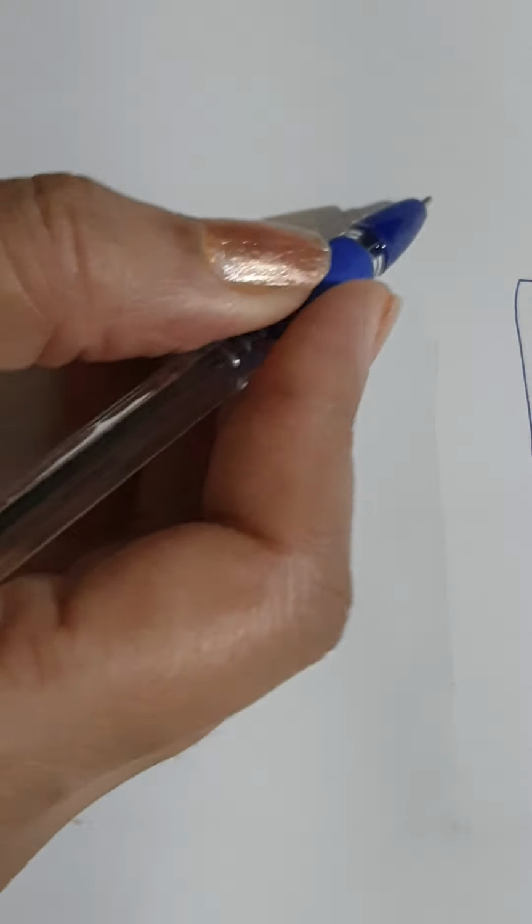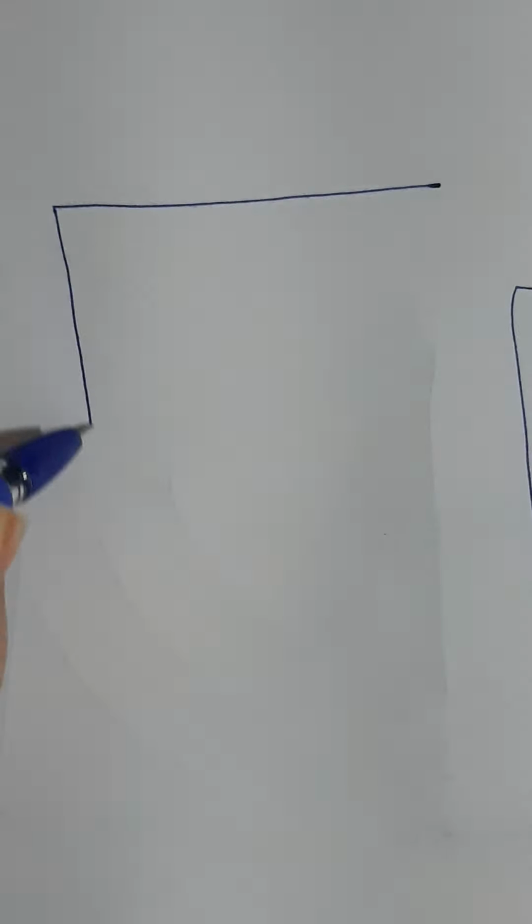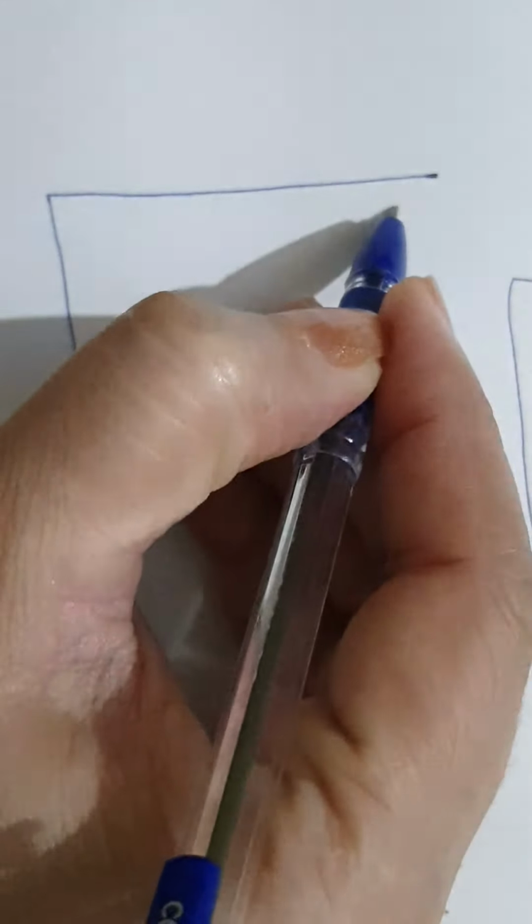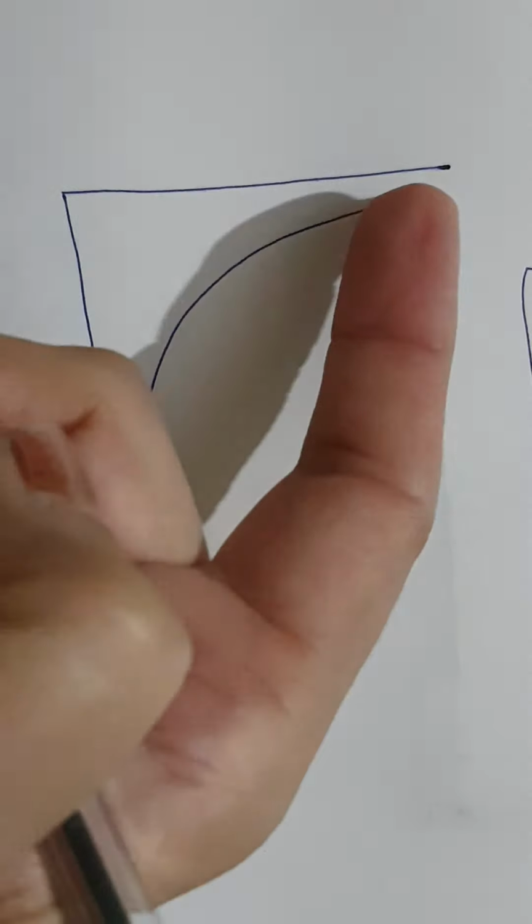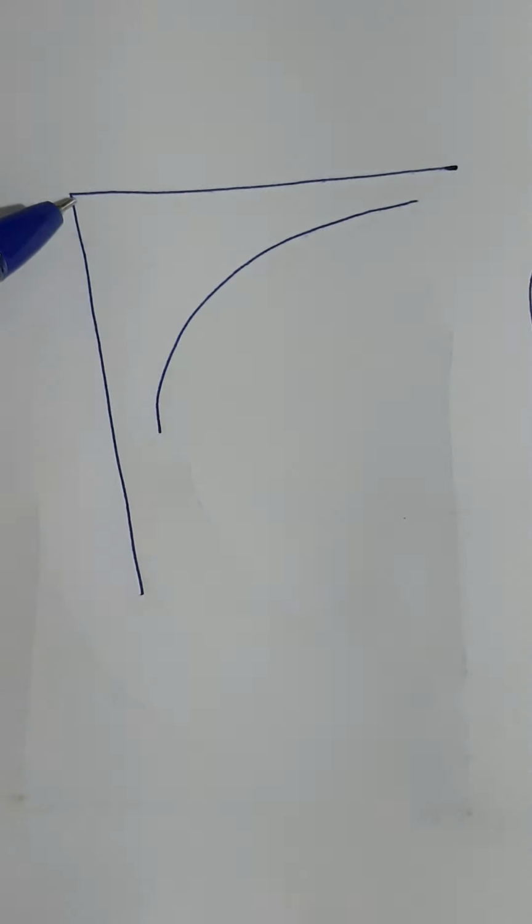So when we say it is convex to origin, actually we are indirectly saying that the marginal rate of substitution is decreasing. This is convex to origin. It is bent towards the origin point.